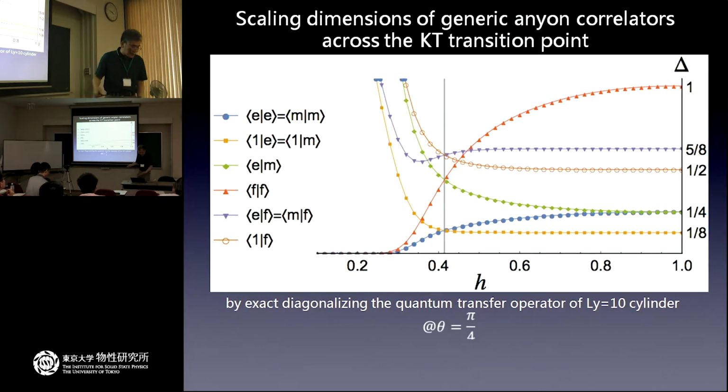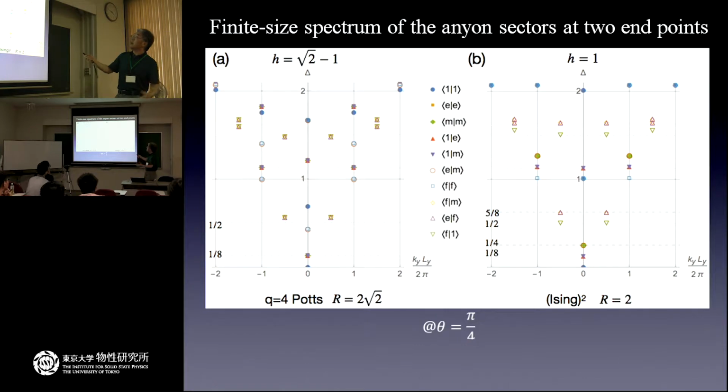And also you can see, because it's a Coulomb gapless phase, there's a conformal field theory description. You can calculate the scaling dimension of generic anyon correlators when you cross this phase transition. You can see clearly the scaling dimension in this phase, and also at the two ending points.